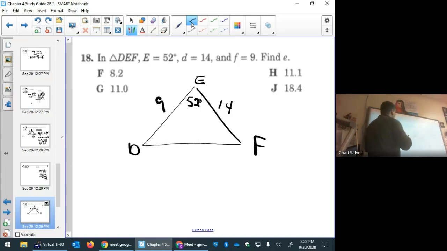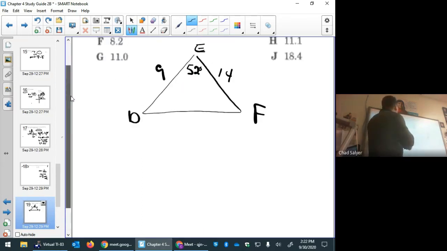So find E. So the only way to find E in this case is to use the law of cosines, because I do not have an angle and its opposite side, and there's no way I can get it without using the law of cosines. So I need to use this flavor of the law of cosines.